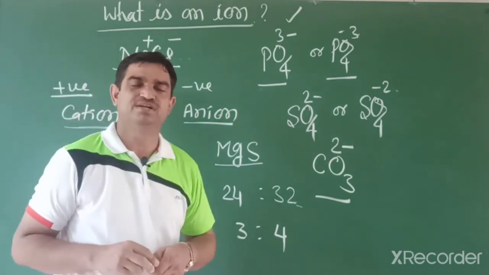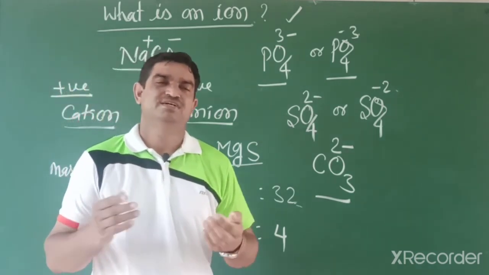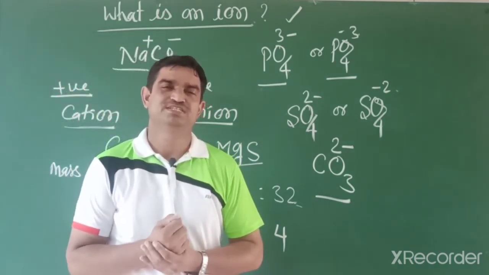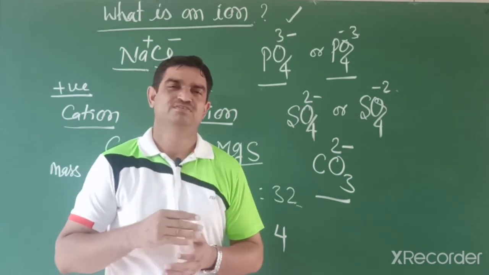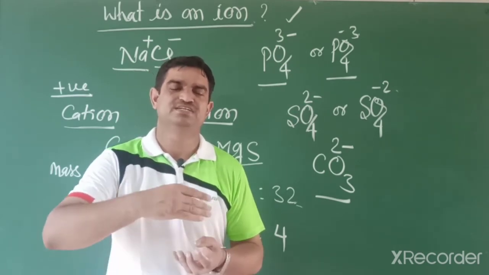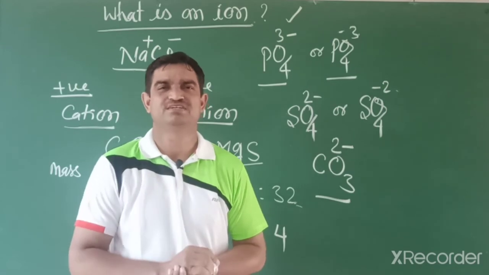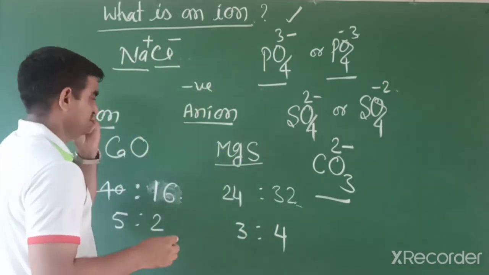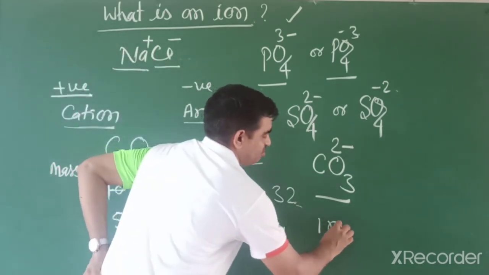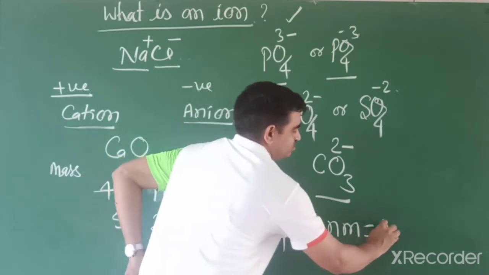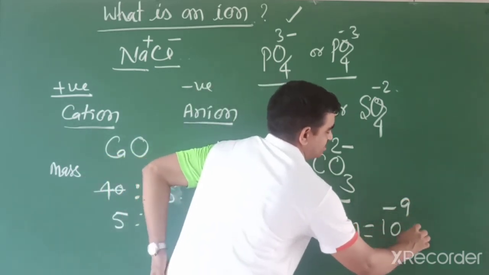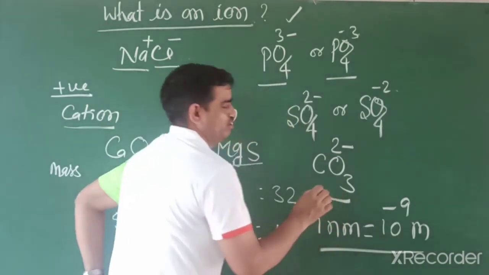Today we have learned what atoms are and what the size of an atom is. Atom is very small, normally represented in nanometers. Do you know what a nanometer is? 1 nanometer is equal to 10 to the power minus 9 meter, a very small size.